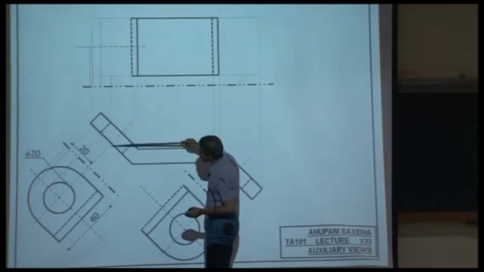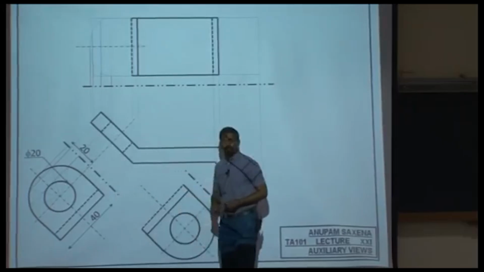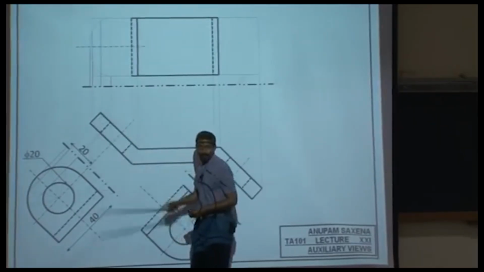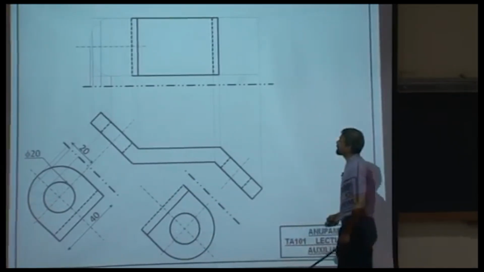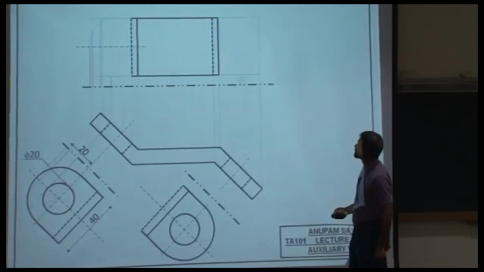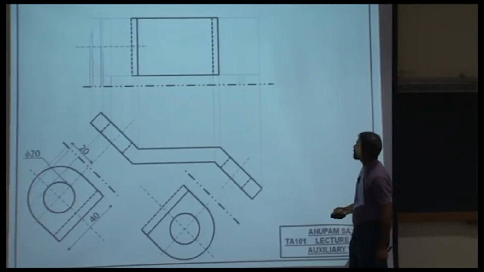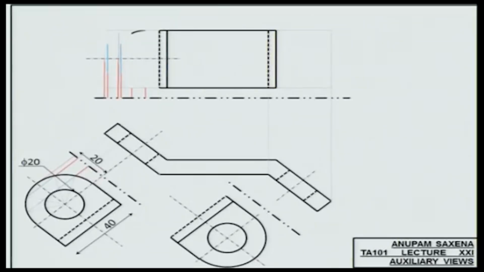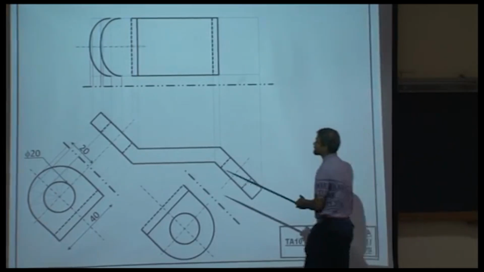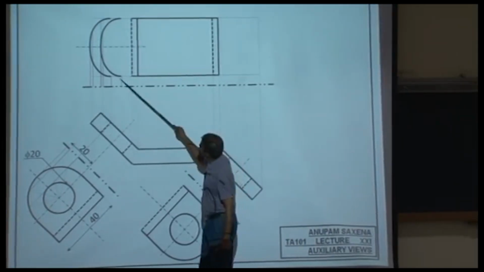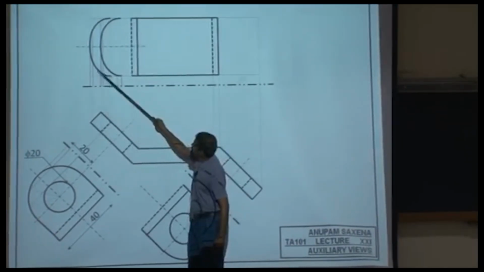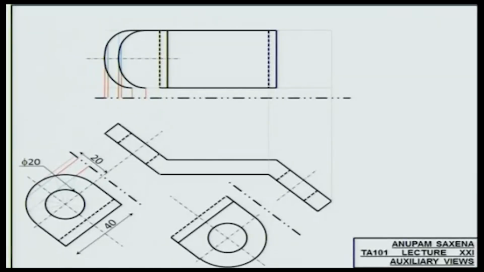So this is the arc corresponding to this part of the object. You could do the same thing for the top part of the object. Real quick. Same thing for the top part of the object. The top arc is going to be visible, so it's going to be solid. The bottom arc apparently is also going to be visible. Look at this. This part is going to be visible, therefore solid. This part is also going to be visible, therefore solid. And then this edge is going to be visible.